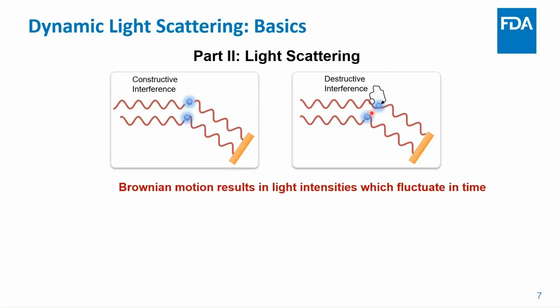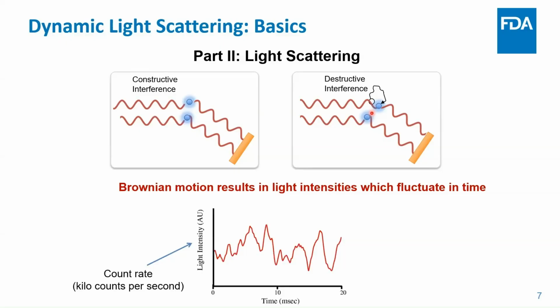And so what you see is that the fluctuation in light intensity is correlated with the diffusion coefficients of the analytes as they diffuse through the cell. What this looks like is something like this, where we just have our count rate, so it's the light intensity per second. And you can see that there's some amount of fluctuation, again, from that constructive and destructive interference caused by the particles moving back and forth inside the cell.